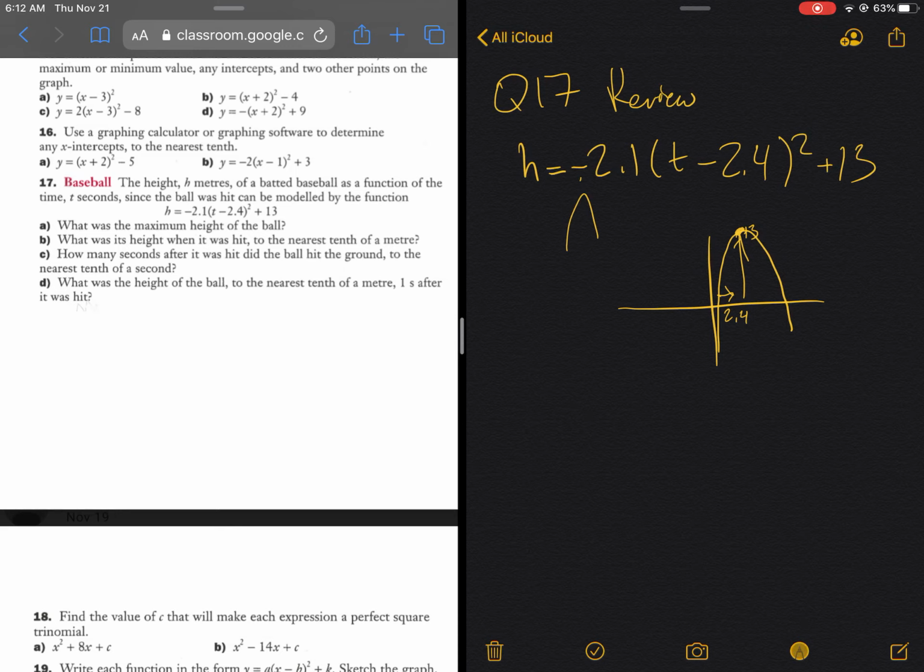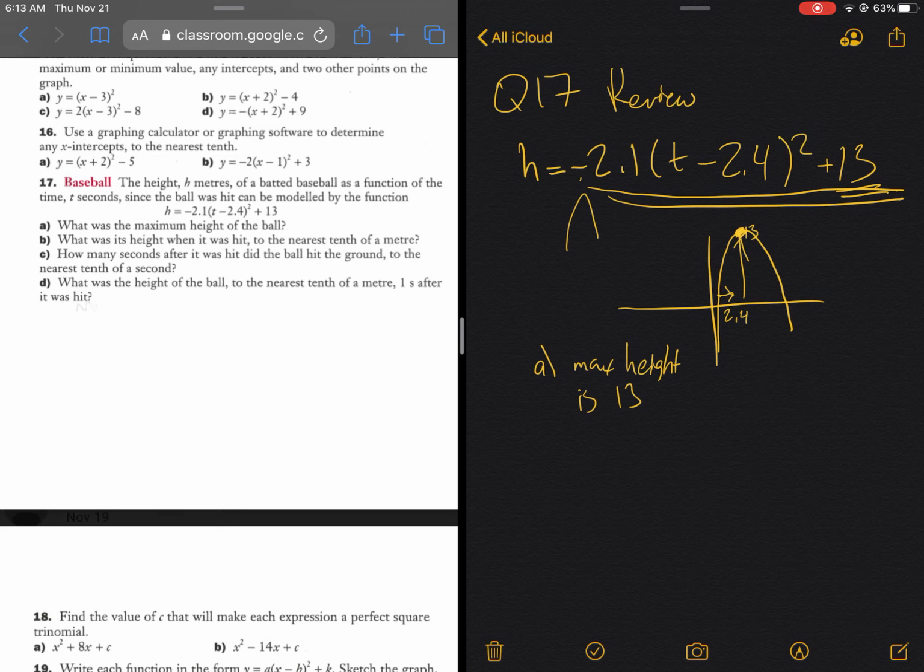The ball would reach its maximum height of 13 at 2.4 seconds. Okay, so A, the max height is 13. Of course, this is because this is in vertex form.